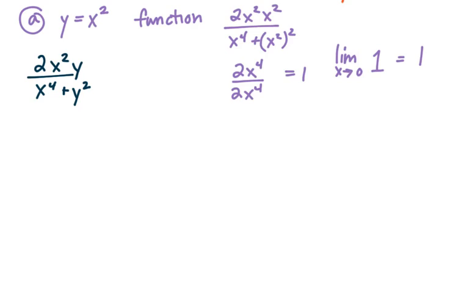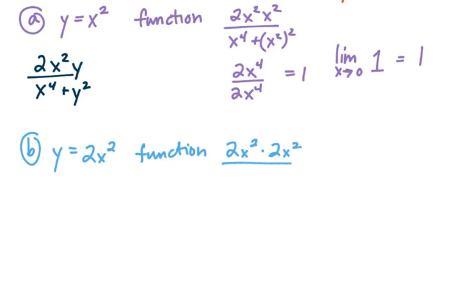Further, let's look at another path. Y equals 2x squared. So I'm using a different x squared function. And if I take those 2x squareds and I plug them in for my y values, my new function is 2x squared times 2x squared over x to the fourth plus 2x squared squared.